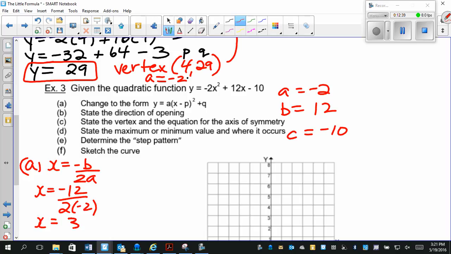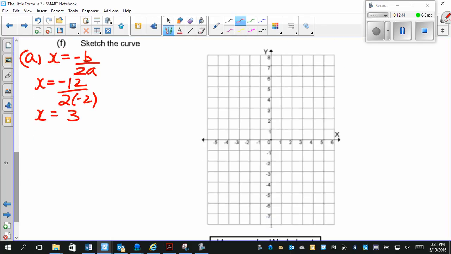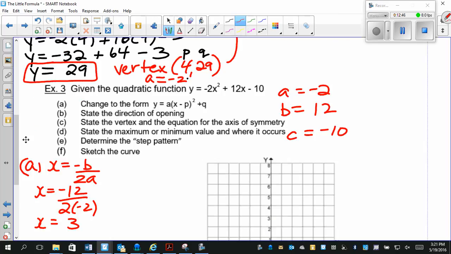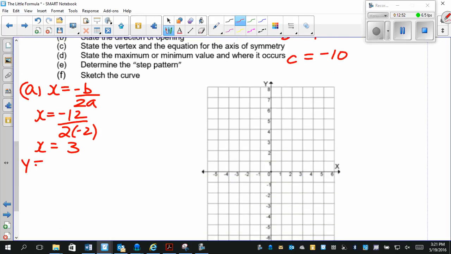I'm going to sub 3 into the equation. So it's going to be y equals -2 times 3 squared plus 12 times 3 minus 10. When we calculate this, we get -18 plus 36 minus 10. So we end up with y equals 8.